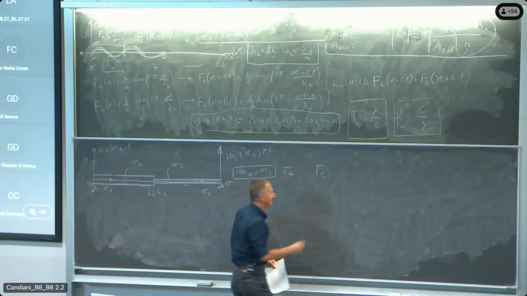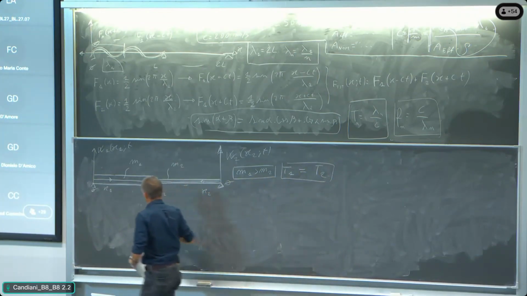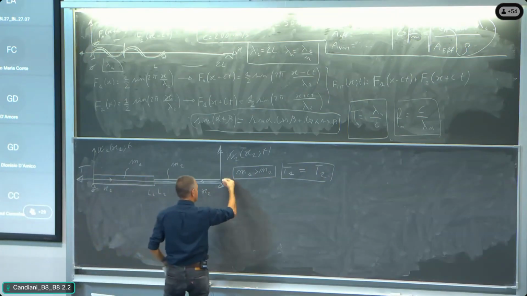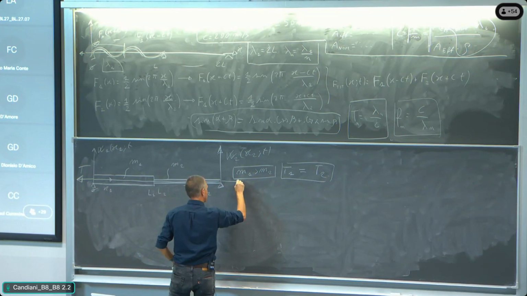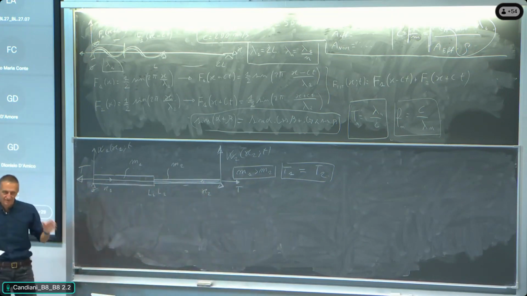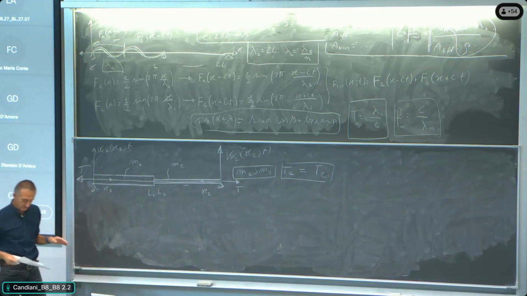No, it is equal, all right. T1 is equal because the two cables are sharing the same tension that is tensioning the two cables altogether, all right? Is it clear? So we are tensioning the system. The two cables are sharing exactly the same tension.